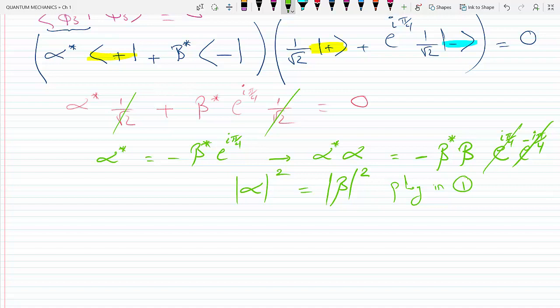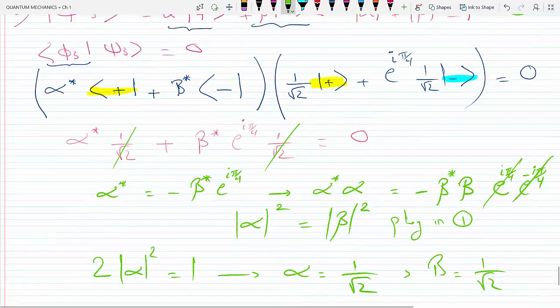So we get 2 alpha squared equals 1. So that just means alpha is 1 over root 2. And since they're the same, that means beta is equal to 1 over root 2.